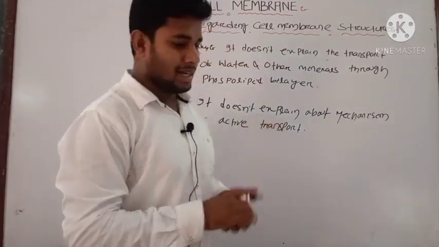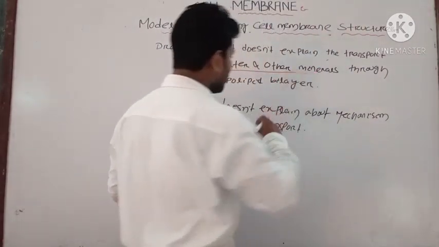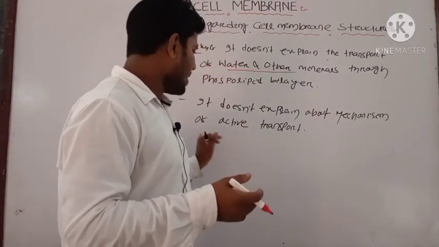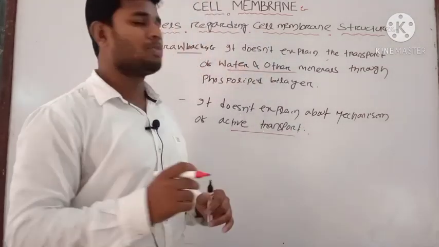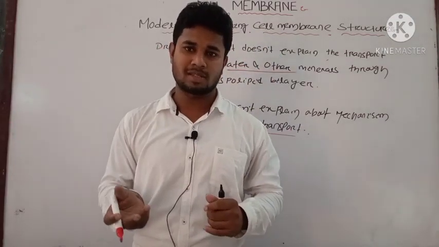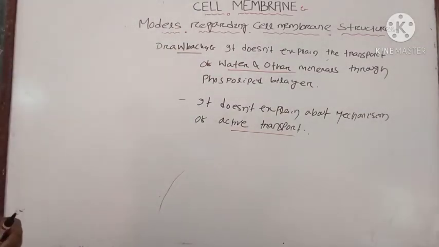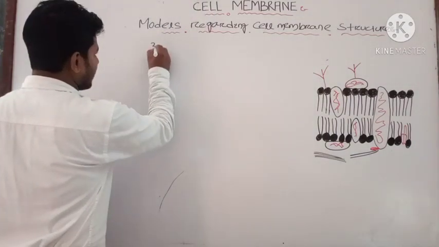That is, it does not explain the transport of water molecules, by which method in phospholipid bilayer the water is moving, and by which method the active transport is occurring. That's why the fluid mosaic model came into existence. The third model is your fluid mosaic model.